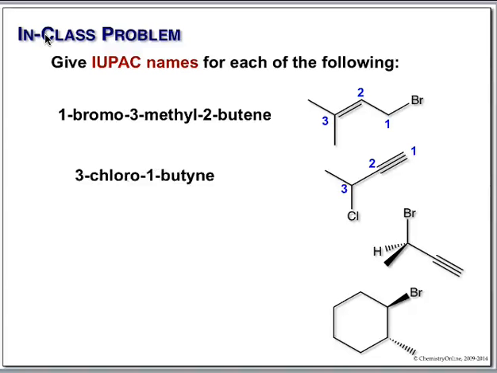This is also a 1, 2, 3, 4. It's also a butyne, but we have a chiral center here, so we have to do R and S. This obviously is going to be carbon number 1. As we look at our chiral center, the bromine is going to be number 1.